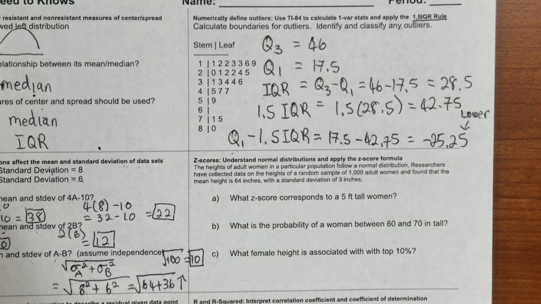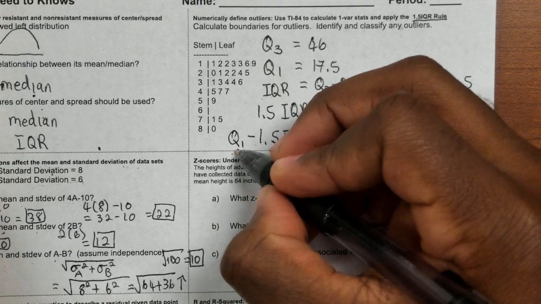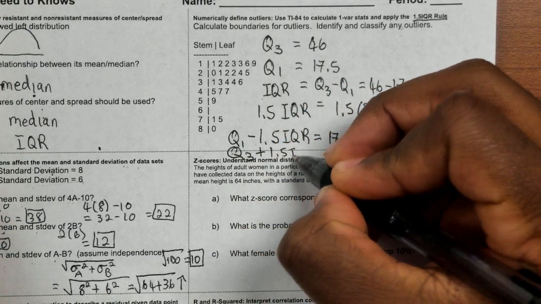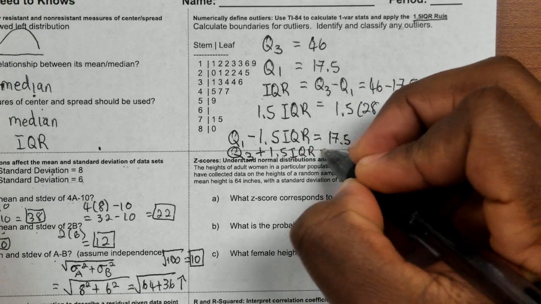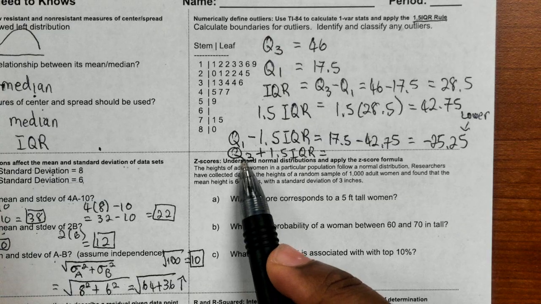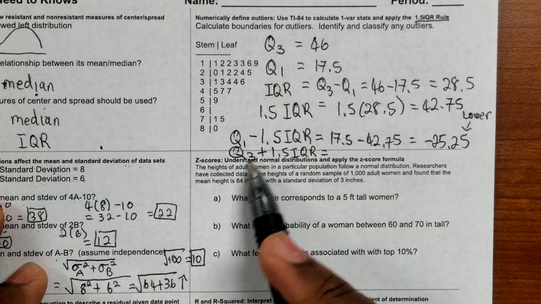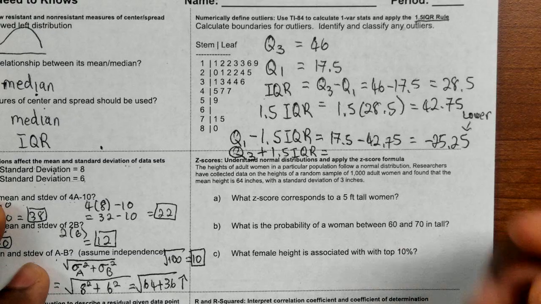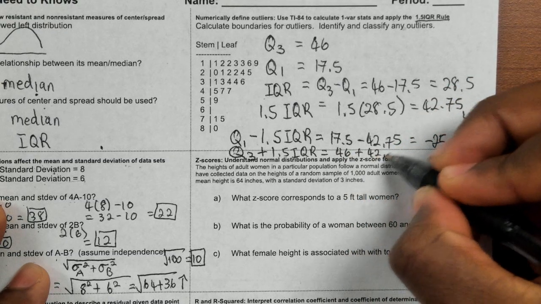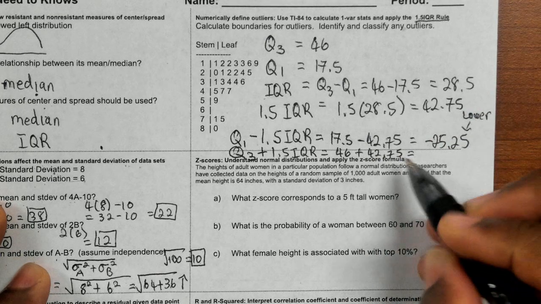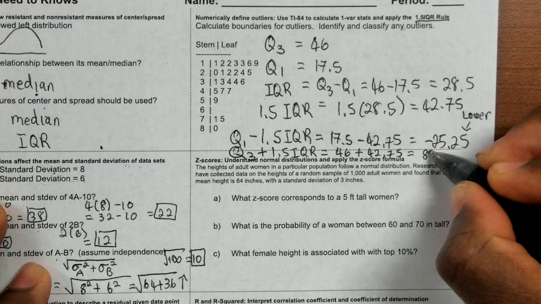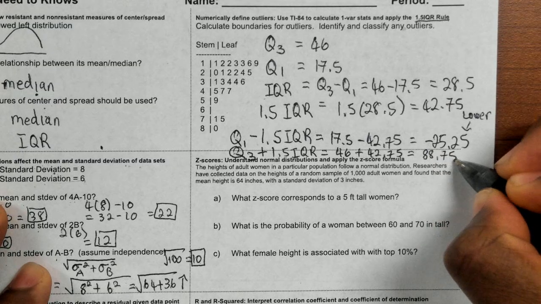So now we need to do the upper fence. To do the upper fence, we're evaluating Q3 plus 1.5 times your IQR. That also makes sense because Q3 is 75% of your data set, and if you're looking to the right of it, you're trying to add the IQR. So I would do 46 plus 42.75, which is 88.75.